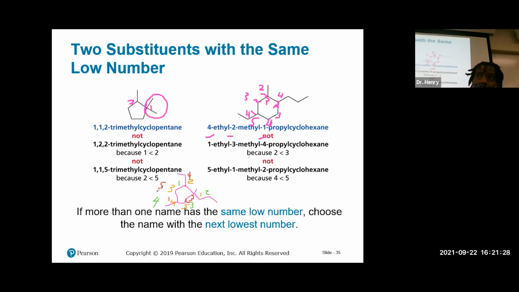Okay, so this guy would give us 1, 2, and 4. This guy would give us, if we started here, that would be 1, I screwed up, that'll be 2, that'll be 3, that'll be 4, right? So we have 1, 3, and 4. And then we have 1, 2, and 4.